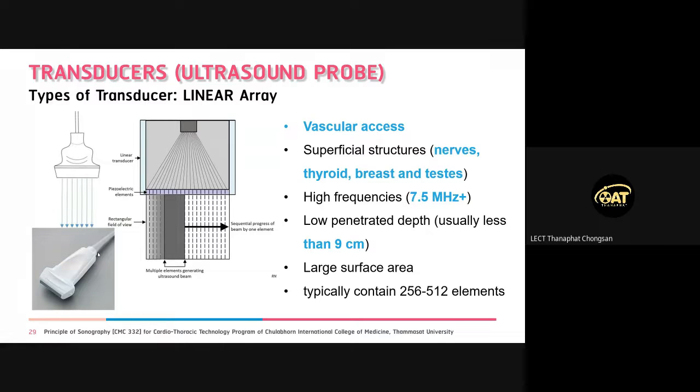The first type is linear array. Linear array is suitable to investigate superficial structures such as nerves, thyroid, and brain, because it uses a frequency of around 7.5 MHz.